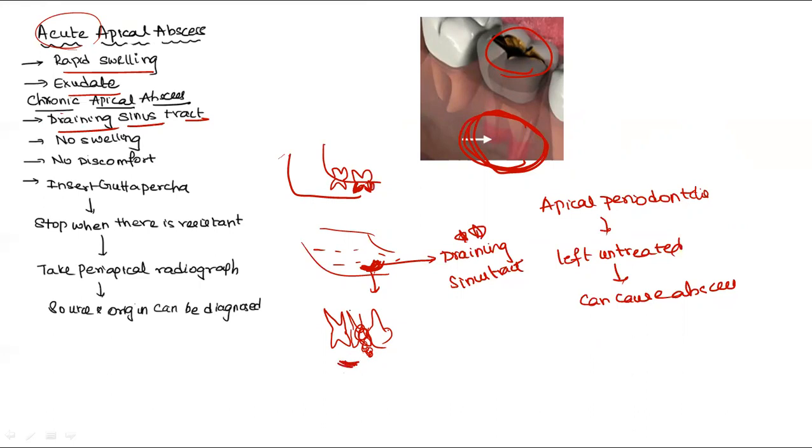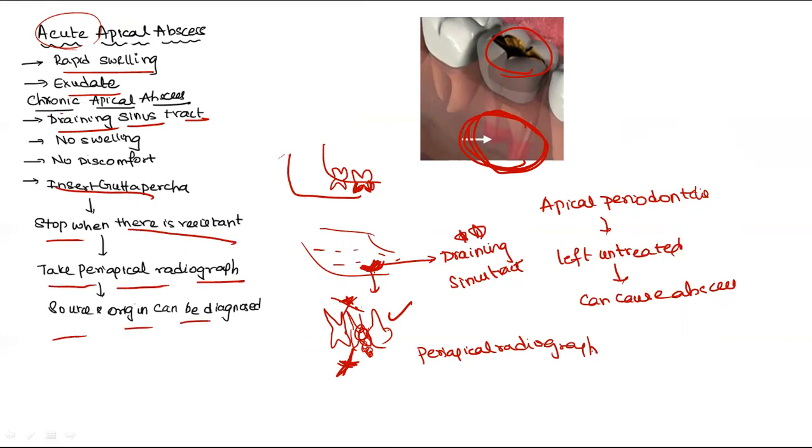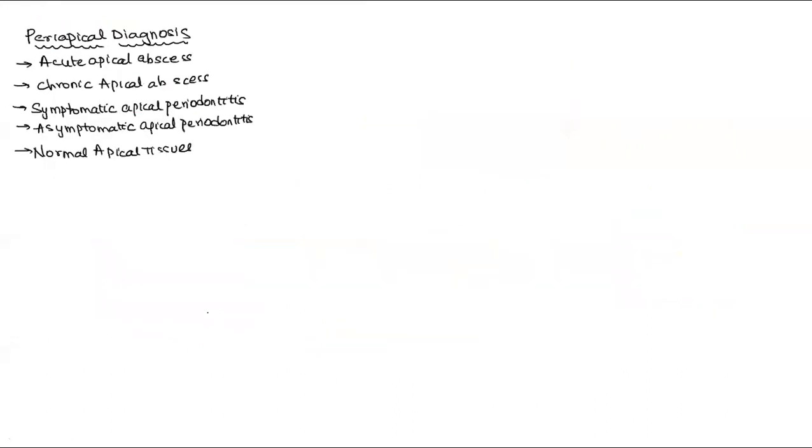Only when you take a radiograph and you insert a gutta-percha cone and you stop it when you feel there is resistance, and then when you take a periapical radiograph is when you will know, and sometimes you'll be surprised to see that the teeth that you have thought has the infection might not have it and the adjacent tooth might have it. So the gutta-percha cone is inserted and you stop when there is resistance. You take a periapical radiograph and source and origin can be diagnosed. In this way you will know which is the tooth that has a problem.